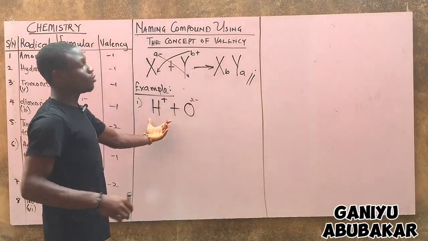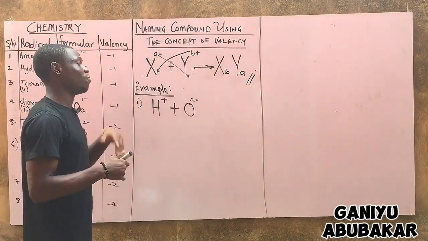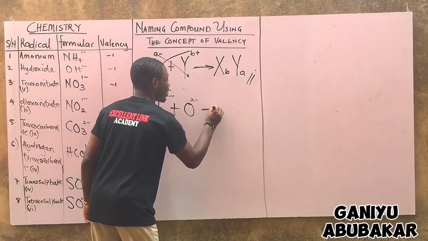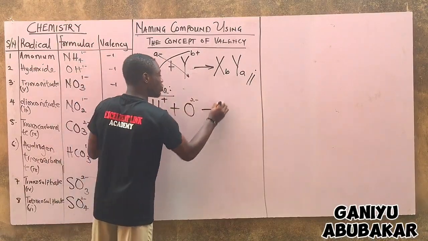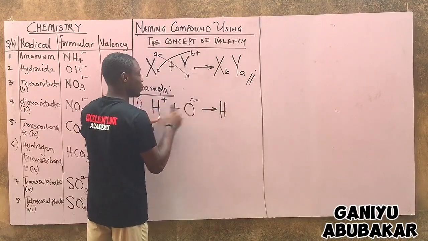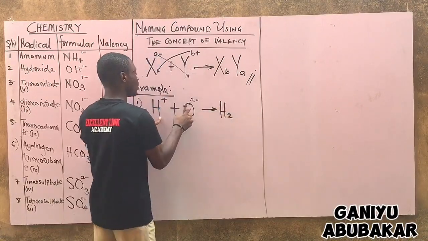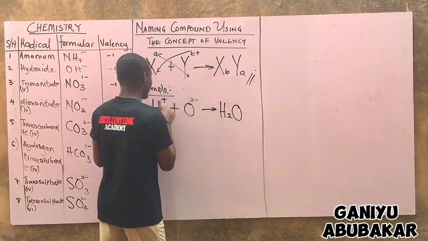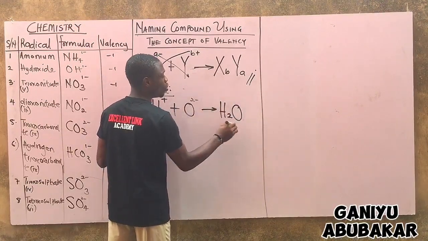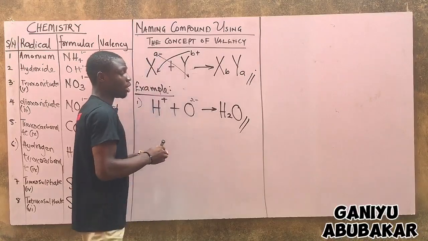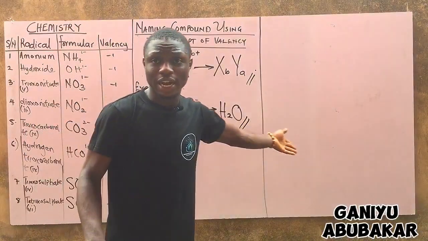Let's see what compound this will form. Our first task is to exchange the power. This 2 comes here, so we'll have H first. This 2 comes here, I'll have 2. Next, this oxygen here. This 1 comes here, it becomes 1, so I can clean this 1. So this is H2O. This is water.